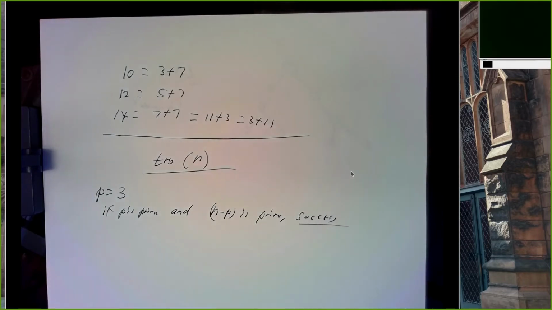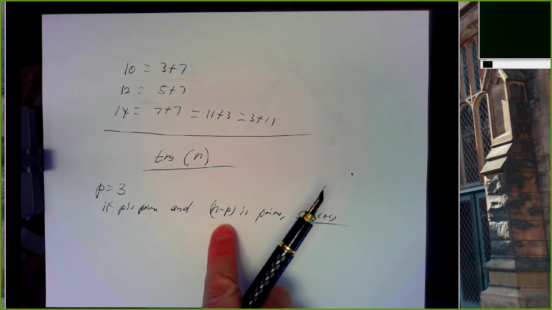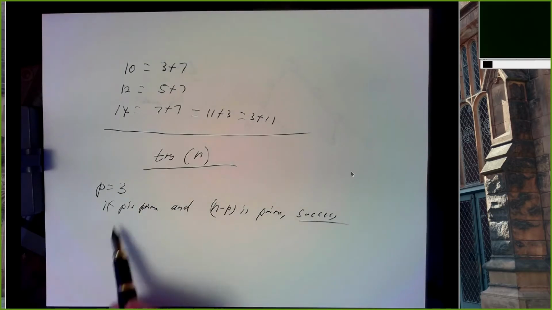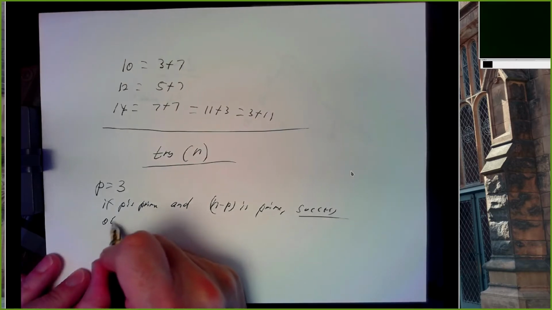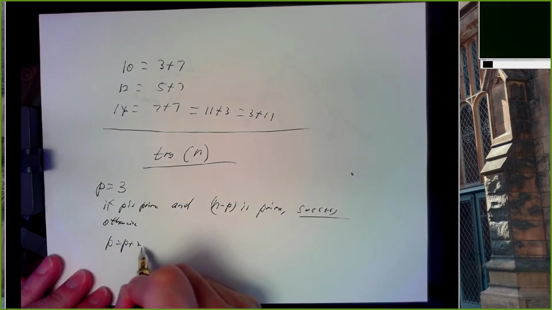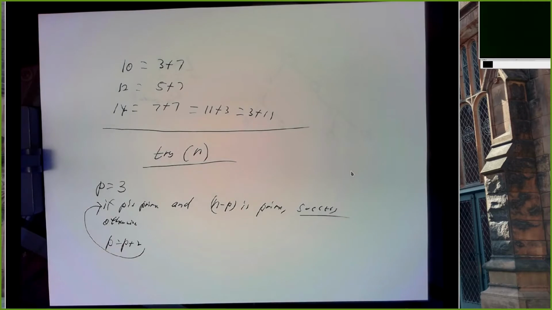You found a way to write it. N is the sum of p, a prime, and n minus p, which is also a prime. So print out, n equals this thing plus that thing. Okay? Otherwise, p equals p plus 2. Go back and try again.